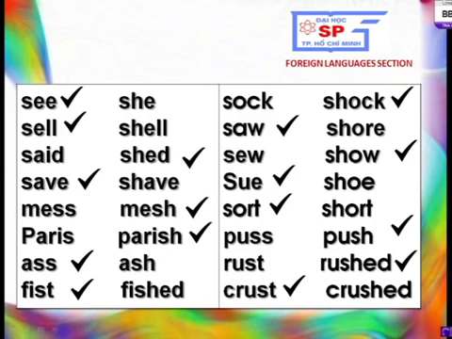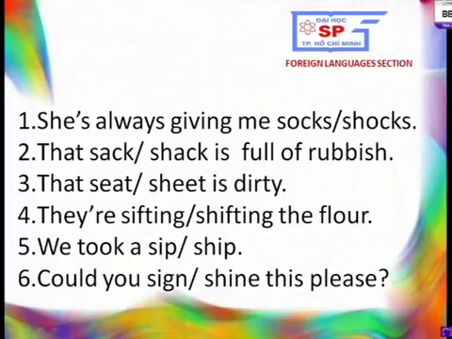Are you correct? Now we come to the sentences. I'd like you to look at those sentences, listen to the sentences. For each one, write the word you hear.